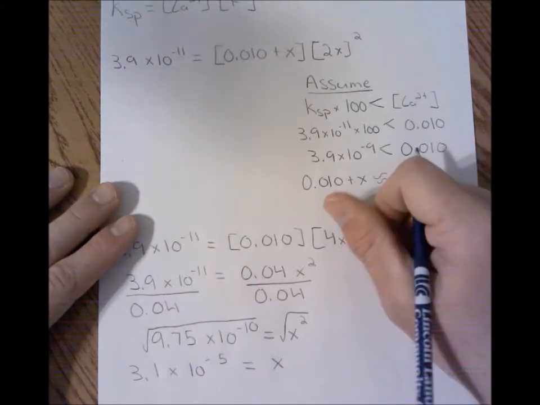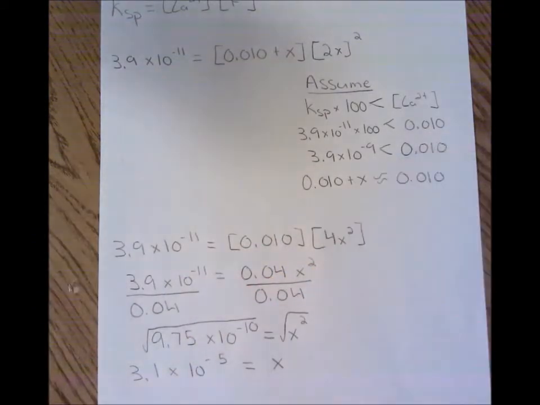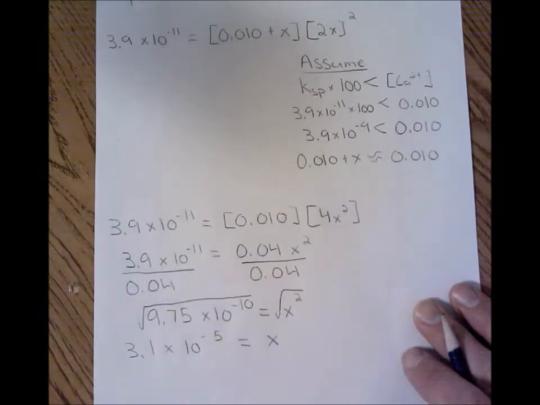Well, if you remember way back when we started this problem, it said calculate the molar solubility. Because we found x to be 3.1 times 10 to the negative 5th, that becomes our molar solubility, the number of moles divided by liters.